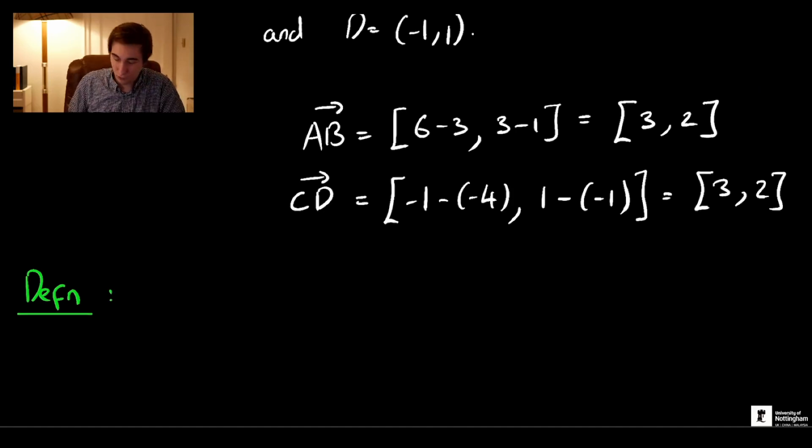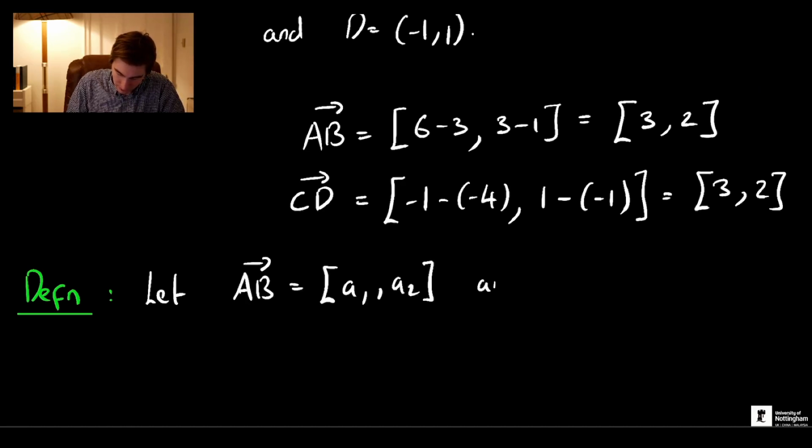To say whether or not two vectors are equal, we let our first directed line segment be written in its coordinate form as [A1, A2]. And let's call this CD equal [B1, B2].